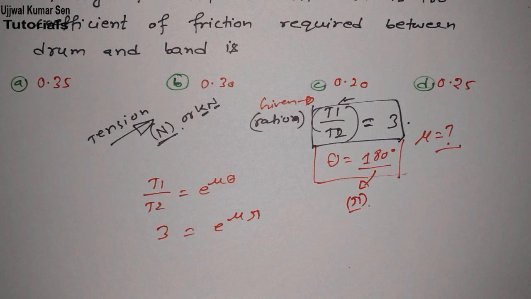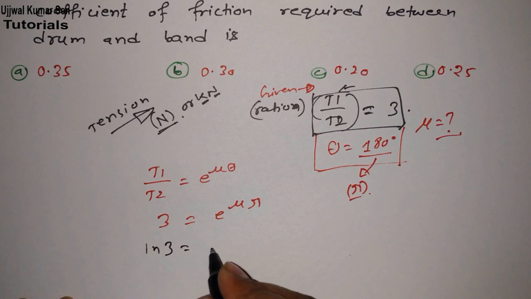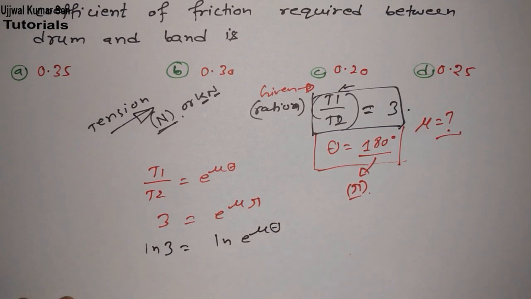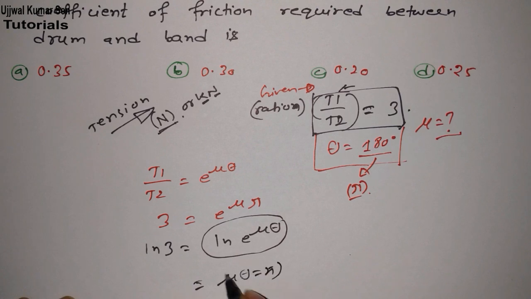If you apply log on both sides, we have a natural log, so implement the natural log on both sides. After implementing the natural log, what will we get? mu theta, and theta is pi.